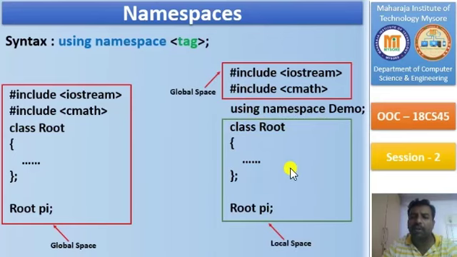Whatever the class name or object name I use doesn't matter now, because this is a local space. These are two different spaces. I can have any class name of my choice here without thinking of whether the global space has a class or object with the name I'm choosing right now. This is the usage of namespace.